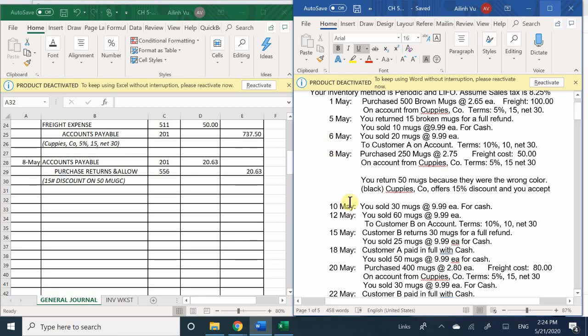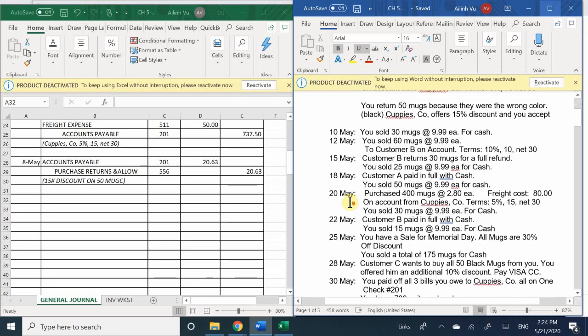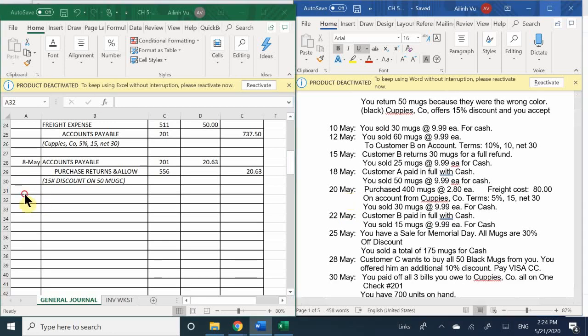Okay. So, what happened on May 10? You sold 30 mugs. For what? For cash. So, what are we going to recognize? Cash, yes, because we gained money, right?